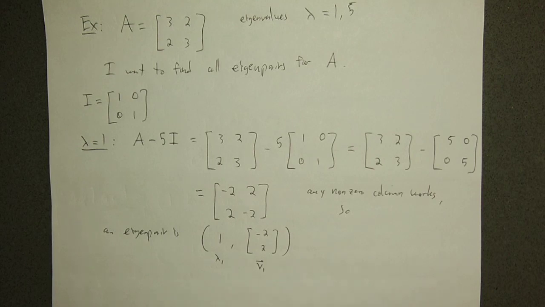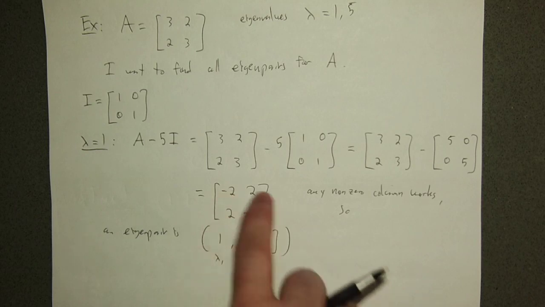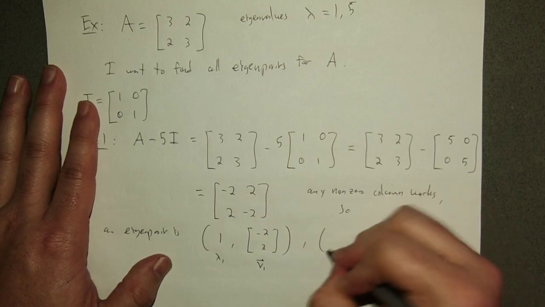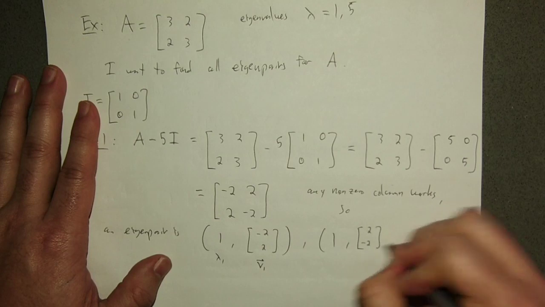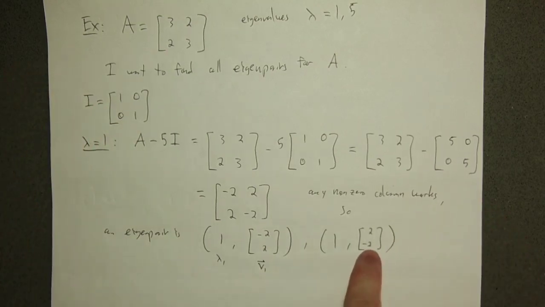Now, a couple of things you might notice. I said any non-zero column works, but clearly the column (minus 2, 2) is different than the column (2, minus 2). So why would it work just as well if I had used this instead? Well, what's the relationship between this vector and this vector?